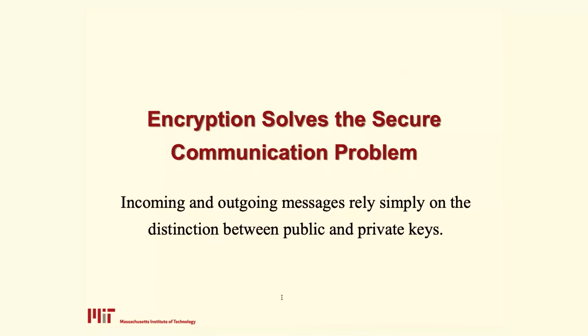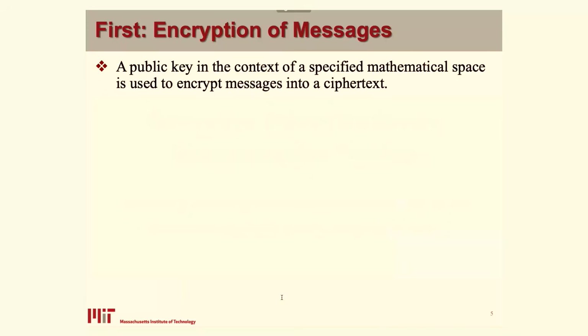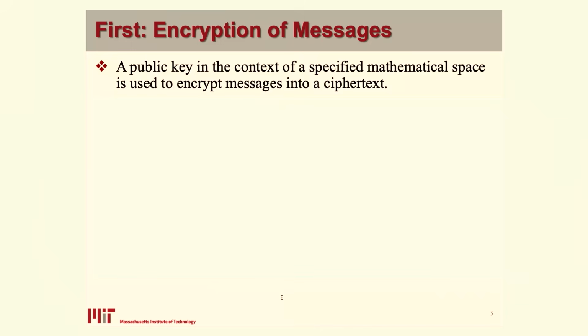Now let's go to the communication problem and basically think about encrypting messages. I'm going to do this as kind of an overview and go through the other concepts, and then we'll circle back to some helpful notation. So a public key is an object in the context of an exactly specified mathematical space, and the public key is used to encrypt messages so that what one sees is ciphertext, gobbledygook.